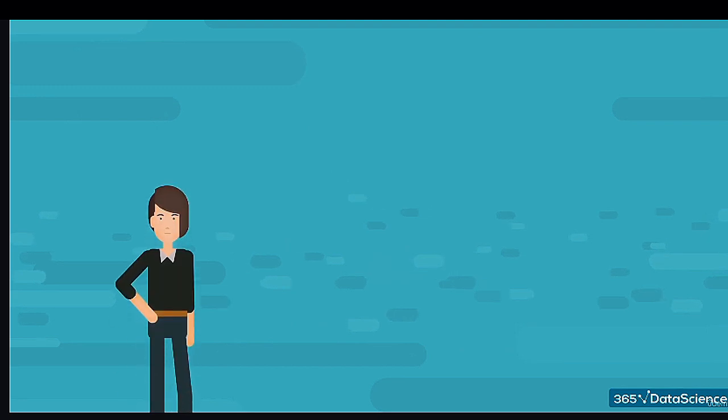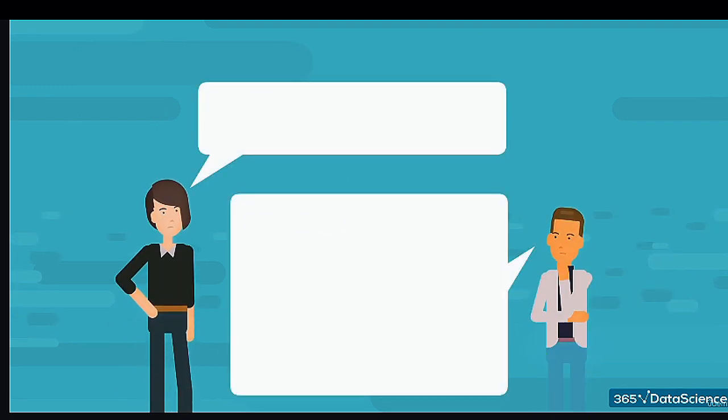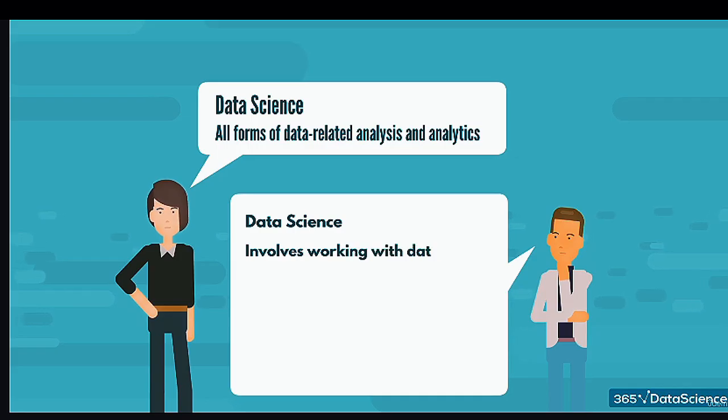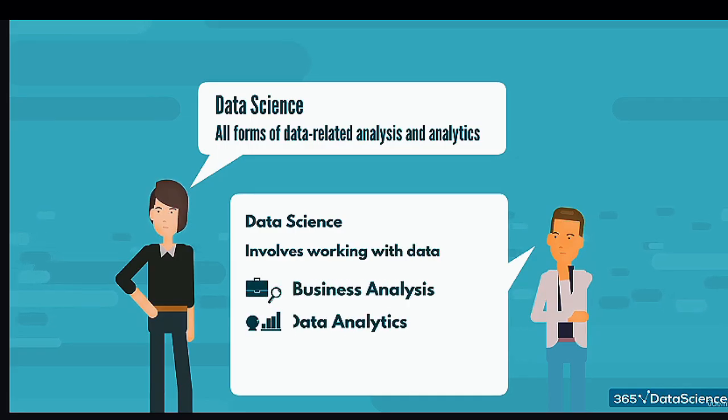Please bear in mind that some people interpret data science differently. They use the term data science as one comprising all forms of data-related analysis and analytics. According to this point of view, as long as an activity has to do something with data, from business analysis to data analytics and machine learning, it falls under the data science umbrella.